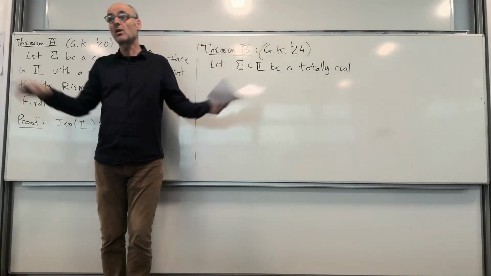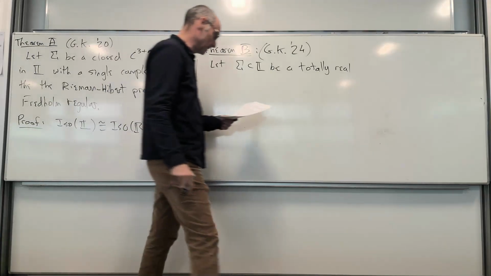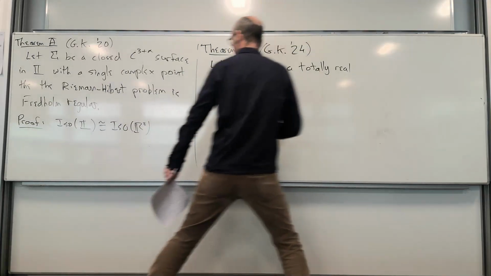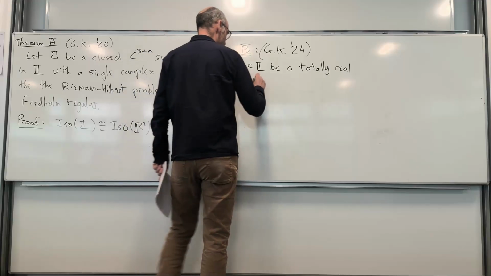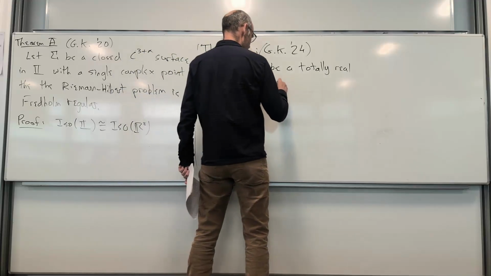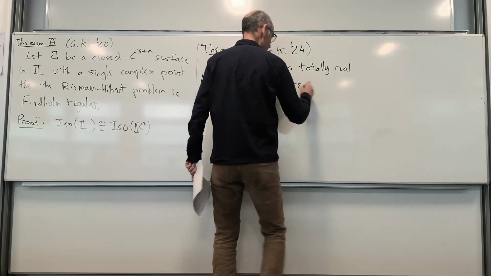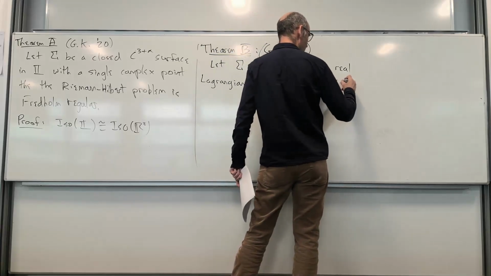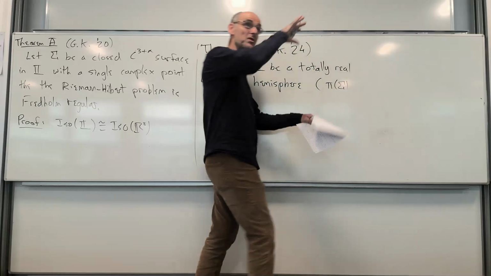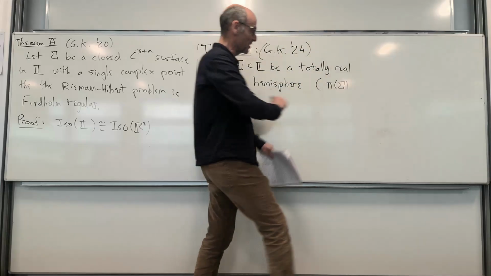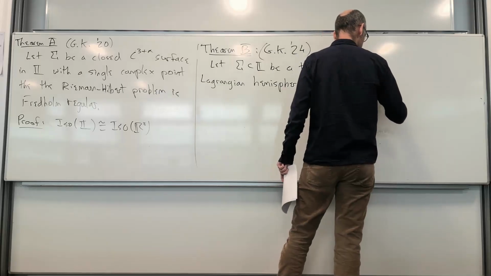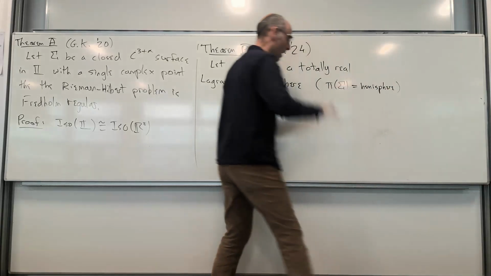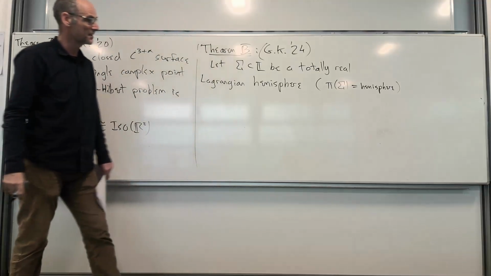A surface with no complex points is often referred to as totally real. So it's totally real, it's Lagrangian, and it's a hemisphere. By a hemisphere, I mean that if you take pi of it, where pi here is the projection from TS2 down to S2, the first construction, then this actually is a hemisphere in S2.